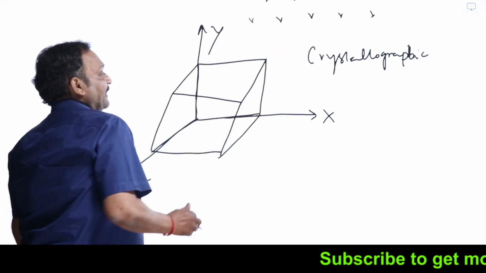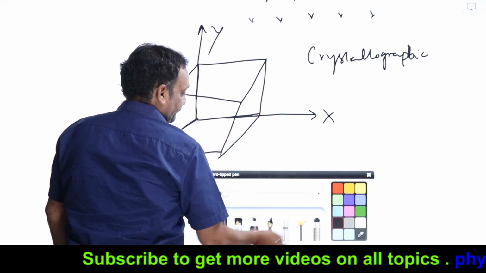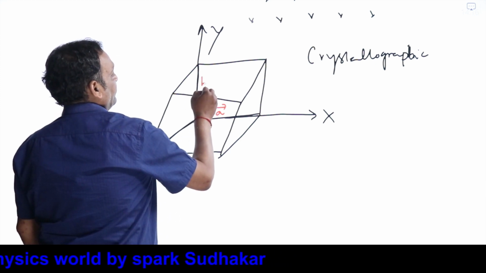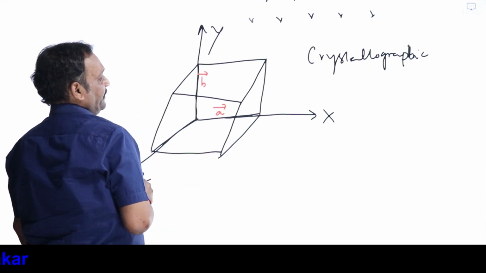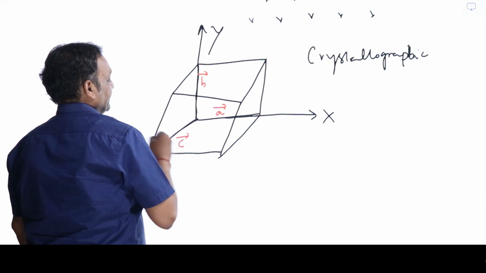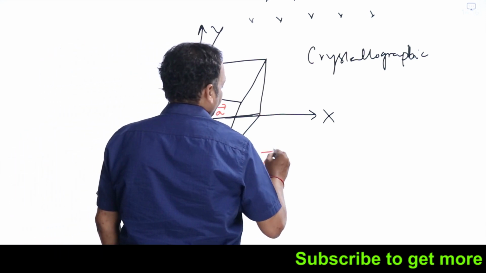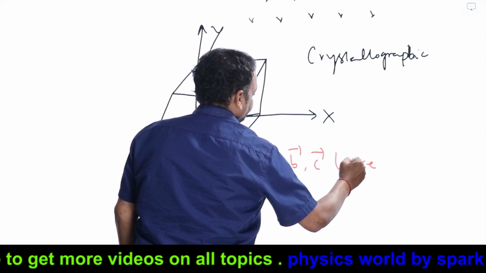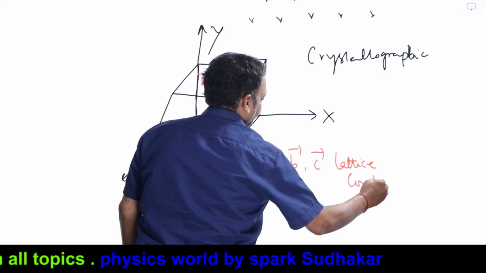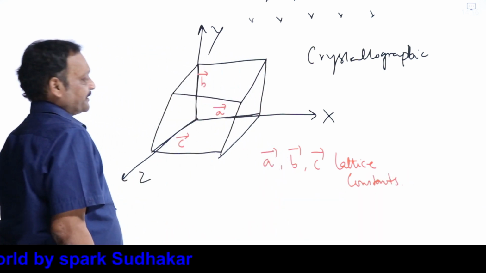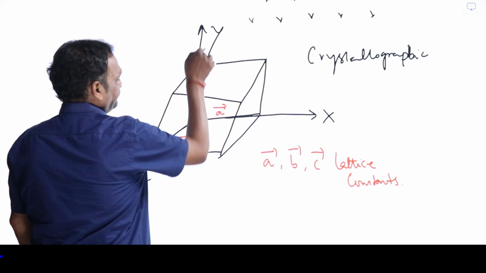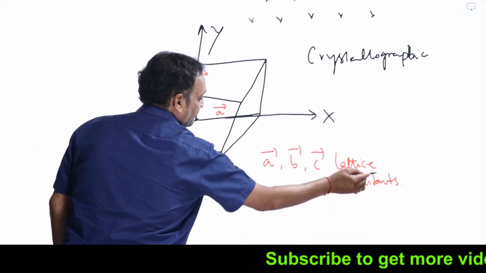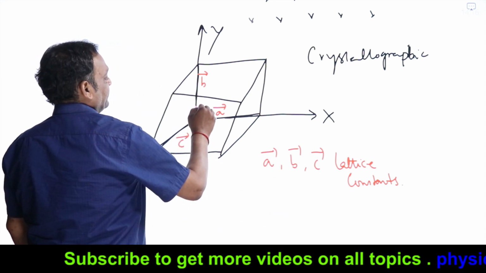Okay. The length of the unit cell along the x-axis, I'll call it a bar. The length, or size, of the unit cell along the y-axis, I'll call it b bar. The length of the unit cell along the z-axis, I'll call it c bar. This a bar, b bar, and c bar are called lattice constants. The angle between x and y, I'll take it as gamma.